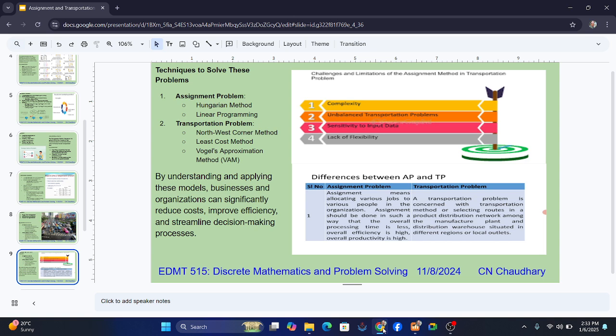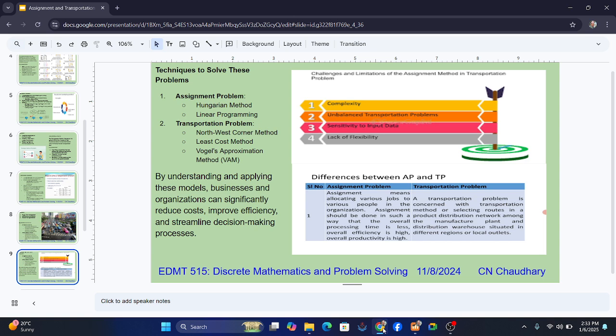There are different problems. Among them, I have included some familiar ones: number first, complexity. Number second, unbalanced transportation problems. Number third, sensitivity to input data, and at last, lack of flexibility.